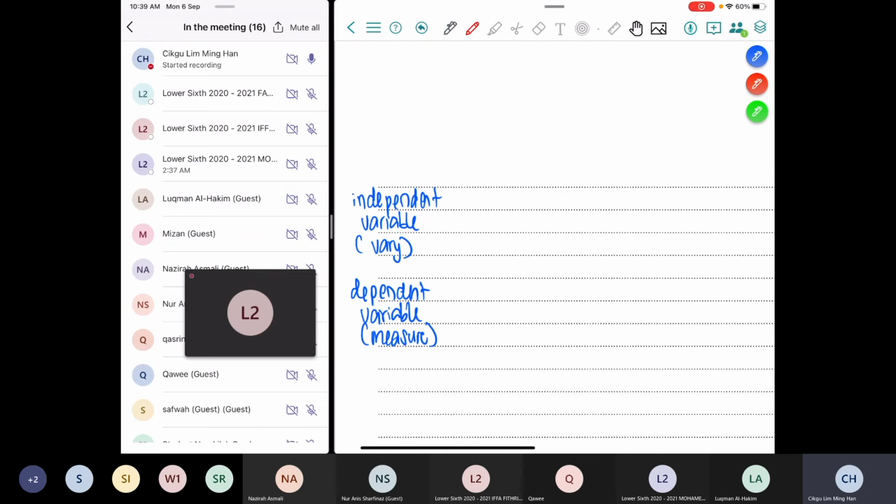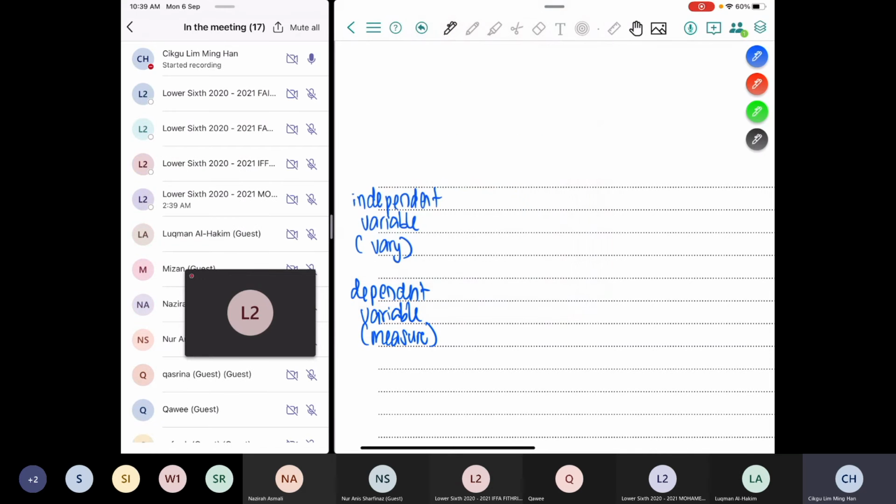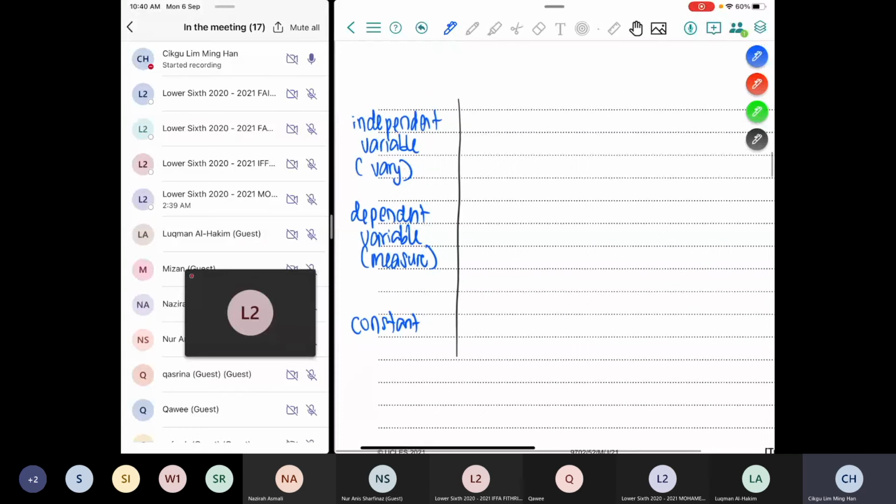I put this dark color down here. And then we also have the constant. So you make a table like this, then you can start describing them.